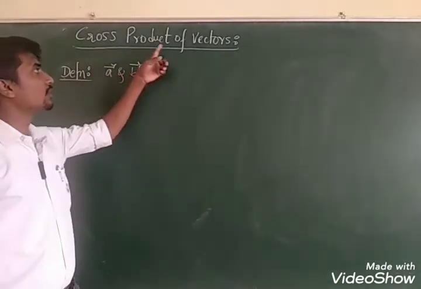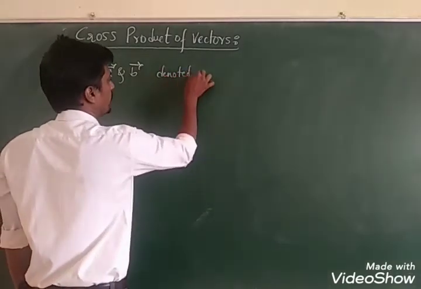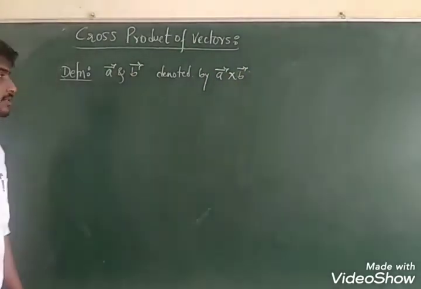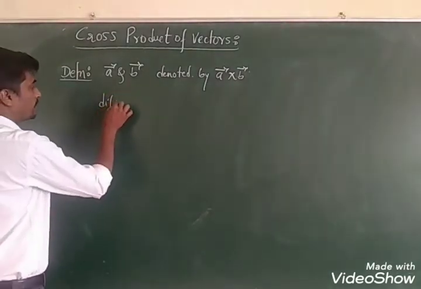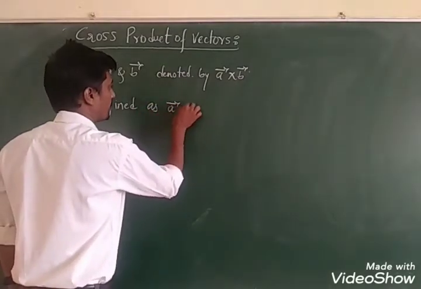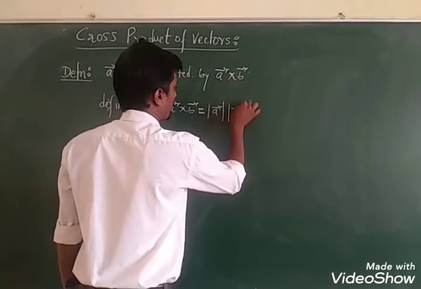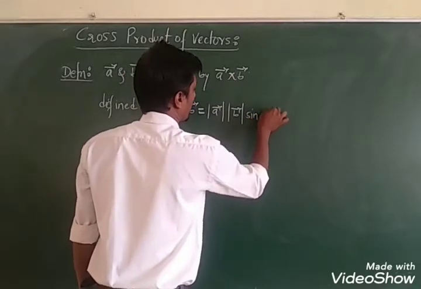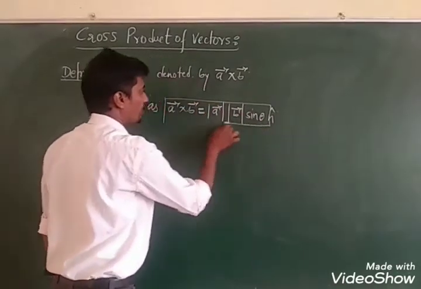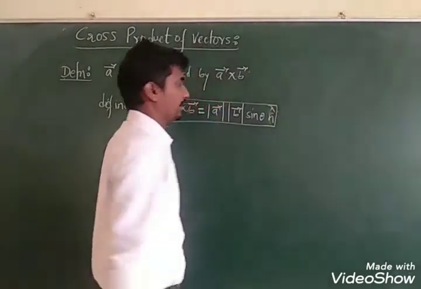Then the cross product of the vectors is denoted by vector A cross B and is defined as A cross B is equal to magnitude of A into magnitude of B sin theta into n cap. Okay, so this is the definition of the cross product of vectors.